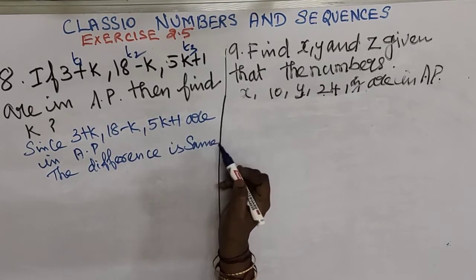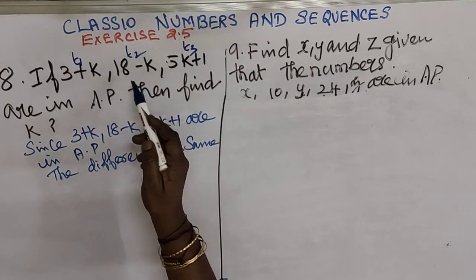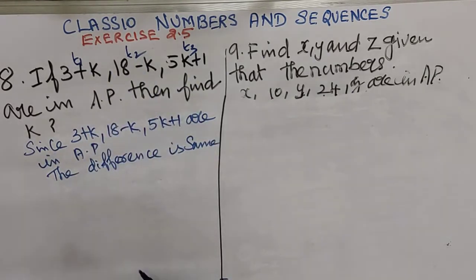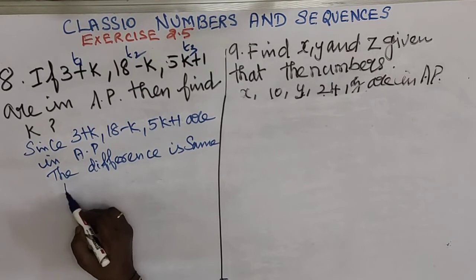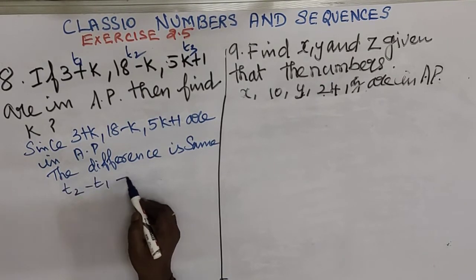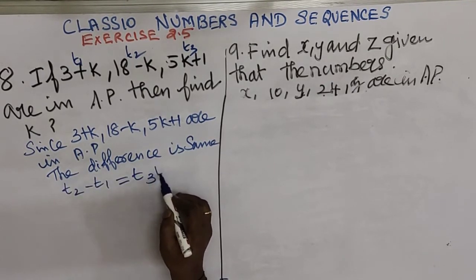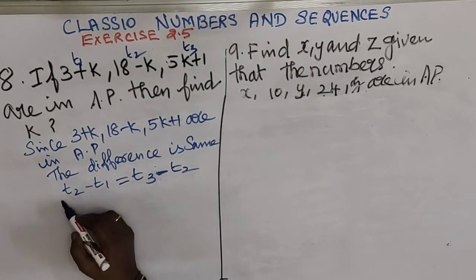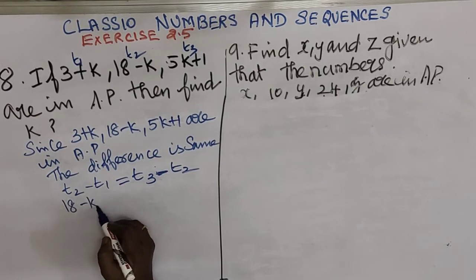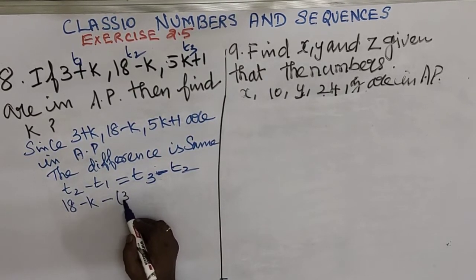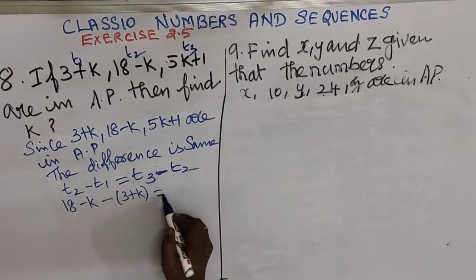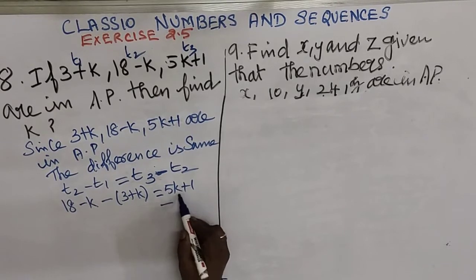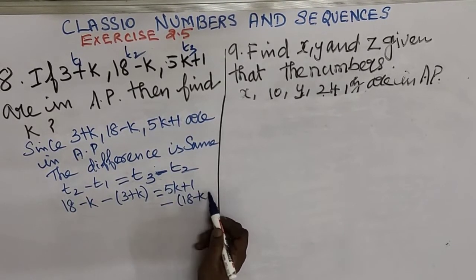Now we all know that when we find the difference between successive terms, that is the common difference. So T2 minus T1 will be equal to T3 minus T2. That is 18 minus k minus (3 plus k) equal to 5k plus 1 minus (18 minus k).